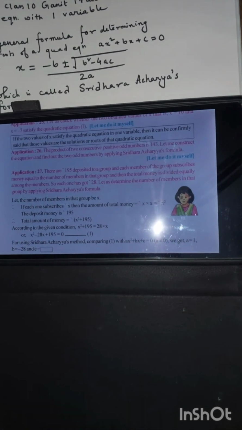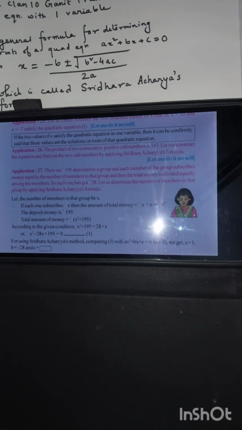Now let us do another example. Application 26, it says the product of two consecutive positive odd numbers is 143. Let me construct the equation and find out the two odd numbers by applying SRIDHARA ACHARYA.